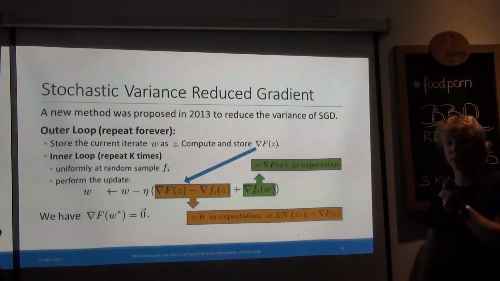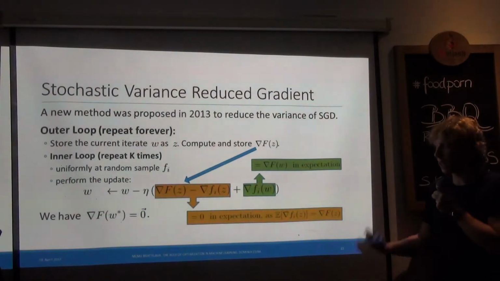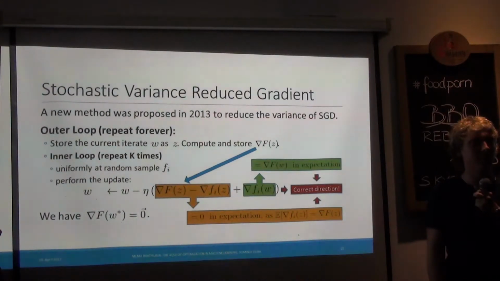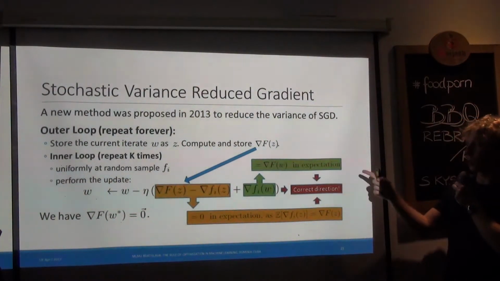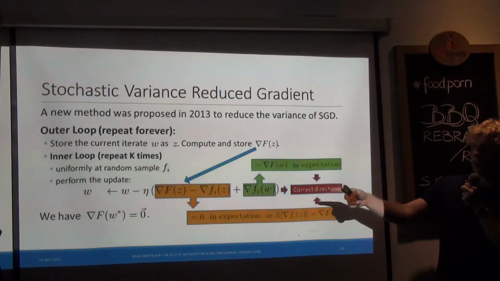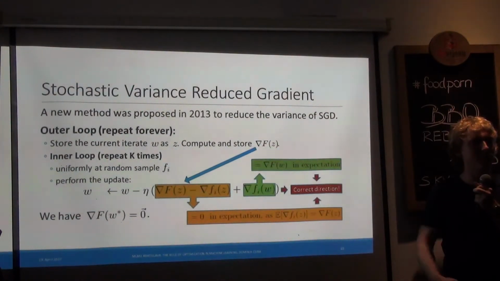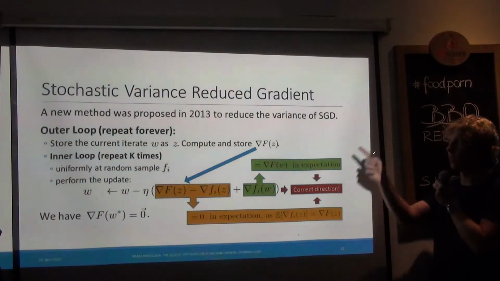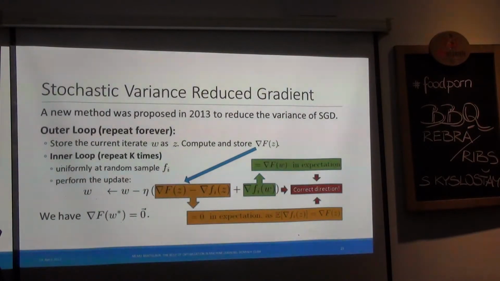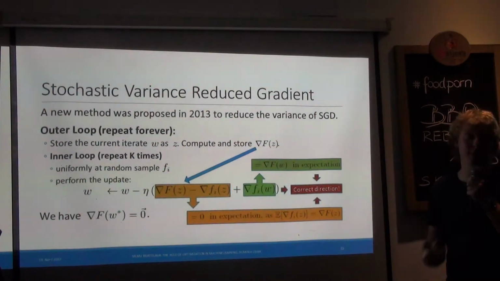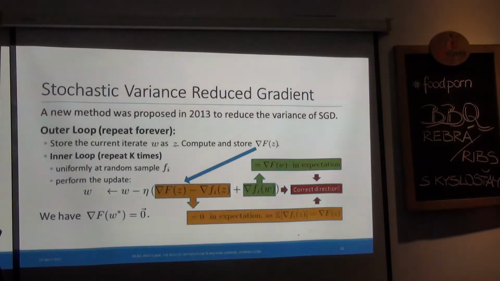So the expectation is just the gradient. So in expectation, it's the correct direction. Good. So it's the correct direction, and we are not going to move from the optimum. That's just great. 2013, and since then, yeah, this works pretty well for large data and some of the problems.